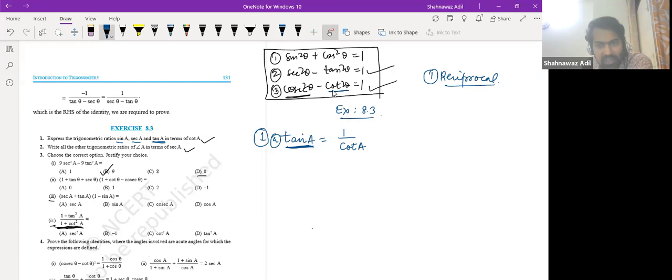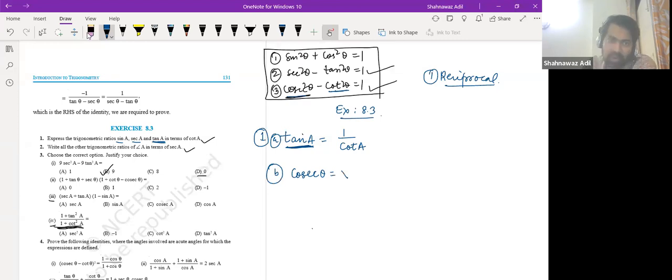In which identity is there cot theta? The third identity. So from the third one, I can calculate cosec theta. Is that correct? So let us try to calculate cosec theta. Cosec theta would be how much?